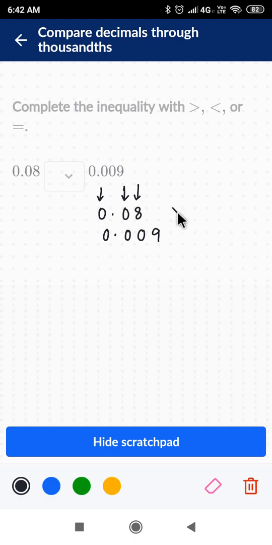So 0.08 is greater than 0.009. This again demonstrates that principle that we should say zero point zero eight and zero point zero zero nine. If we were to just say 0.8 and 0.9, it will be wrong. So the answer is greater than.